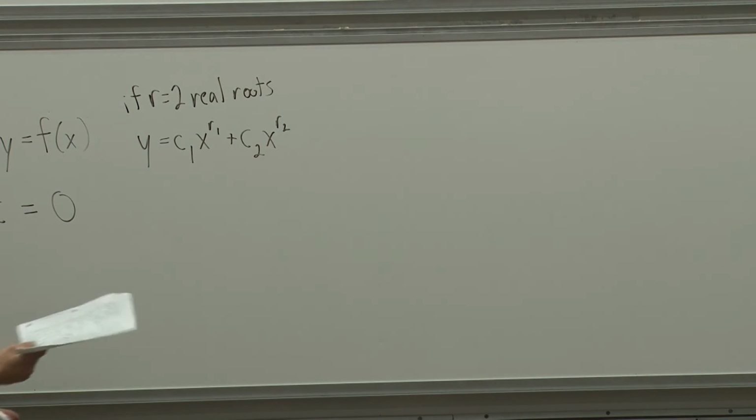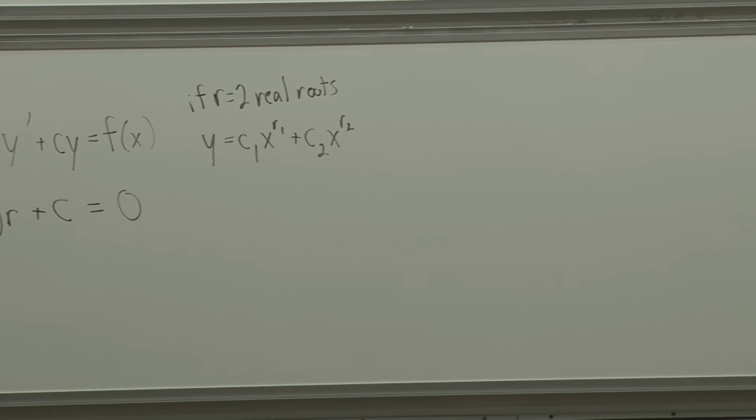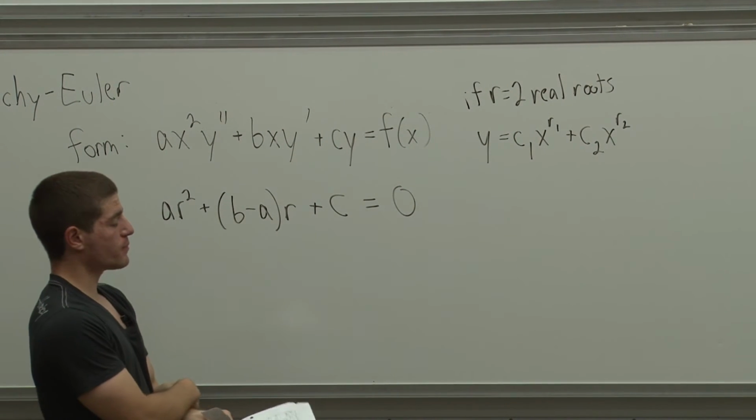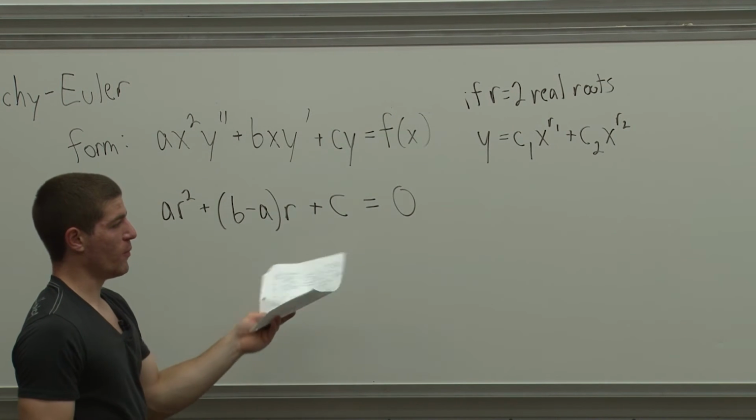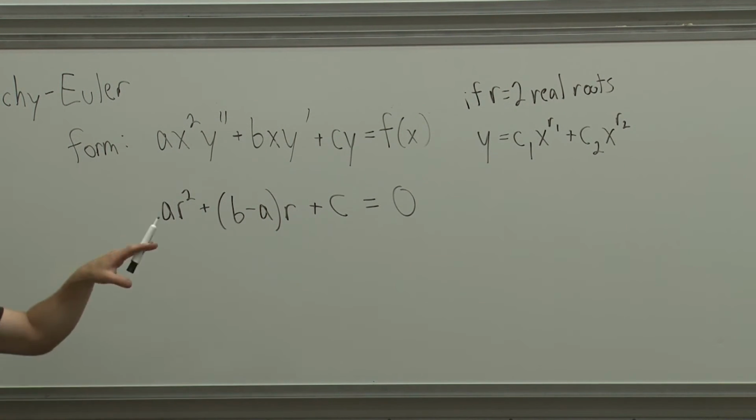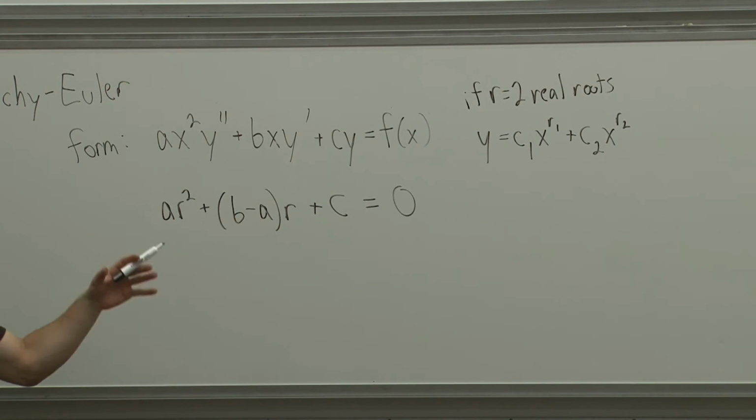This is the main case for your question before about undetermined coefficients, when you need to multiply the guess by an extra t or an extra x.